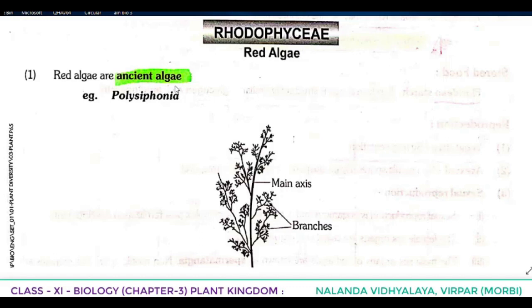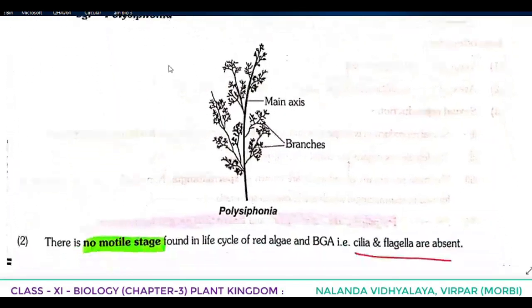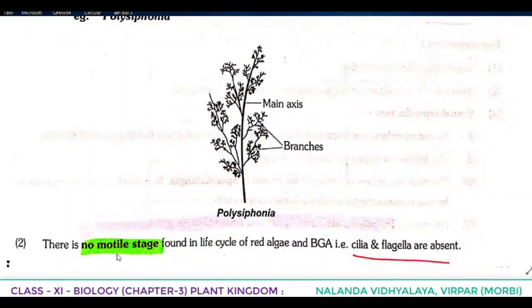So, if the question asks which algae are known as ancient algae, you have to remember actually they are red algae. Red algae are ancient algae. Example, Polysiphonia.